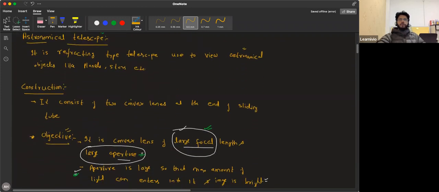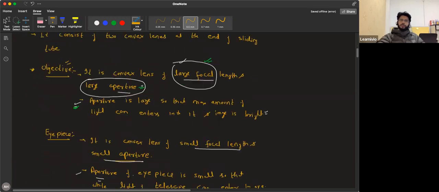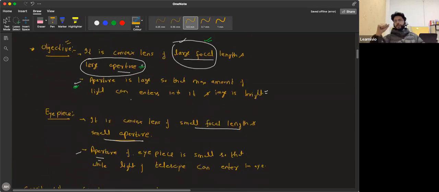So in the astronomical telescope, we are doing the refracting type telescope. It's used to view astronomical objects. It consists of two lenses. One is the objective, and another is the eye lens. The objective lens has a very large aperture, in some cases in meters, and a very large focal length. This is a conceptual question: why do we take the aperture of the objective lens to be very large for a telescope?